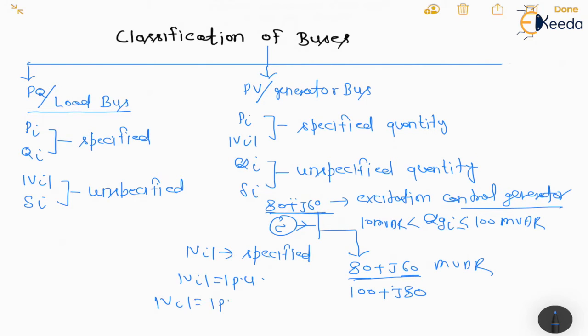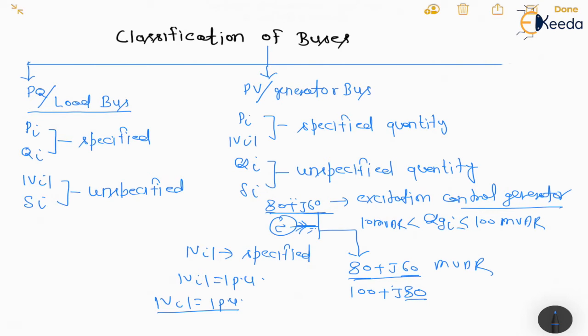We wanted previously that the voltage should be equal to 1 pu. If the voltage should be equal to 1 pu, then what will happen? See guys, the exciter will check that the load is changing from 60 to 80, so the excitation will compare and see that 20 MVAR are still necessary to make the voltage profile 1 pu after the change of load.